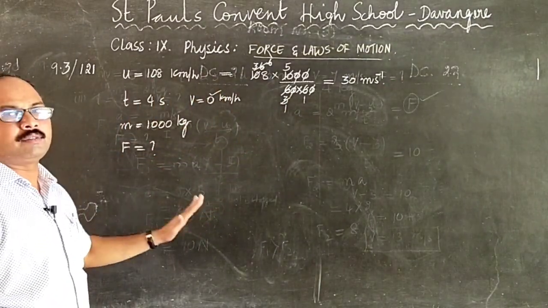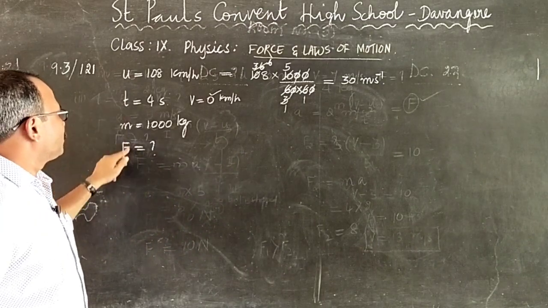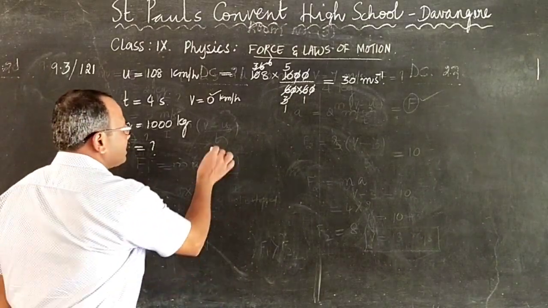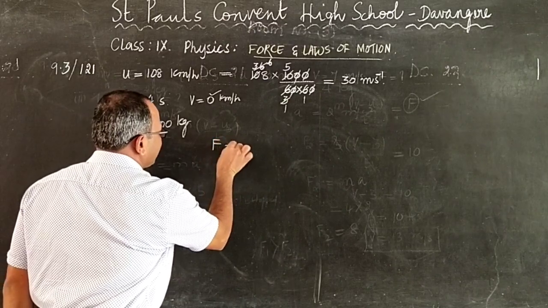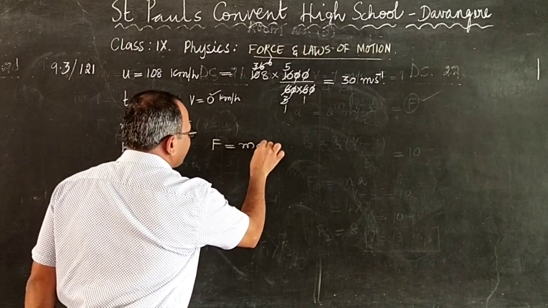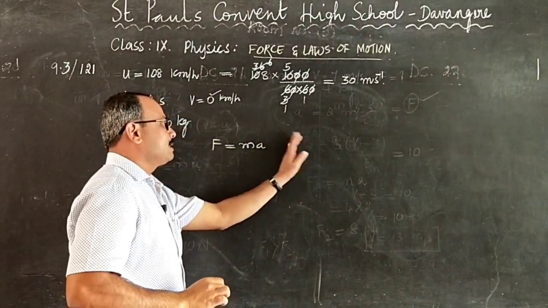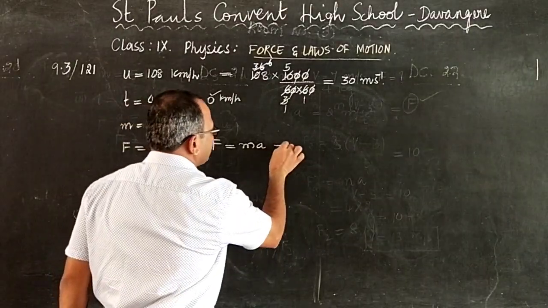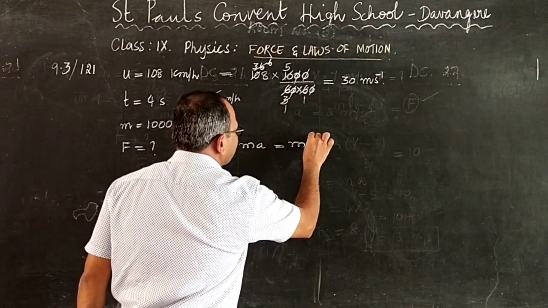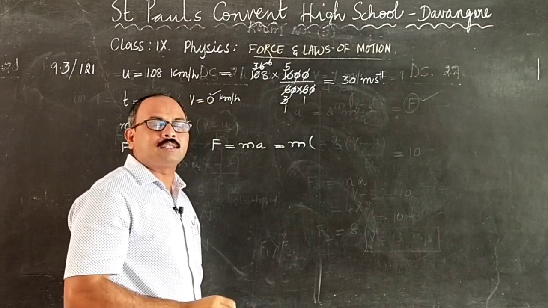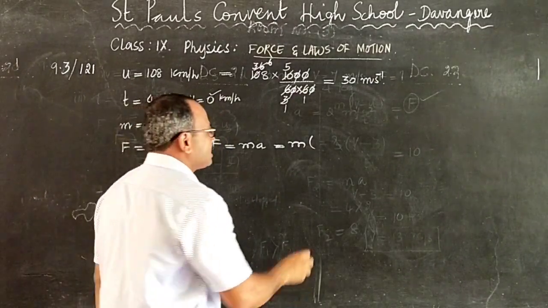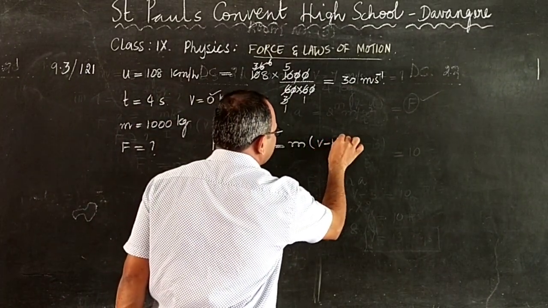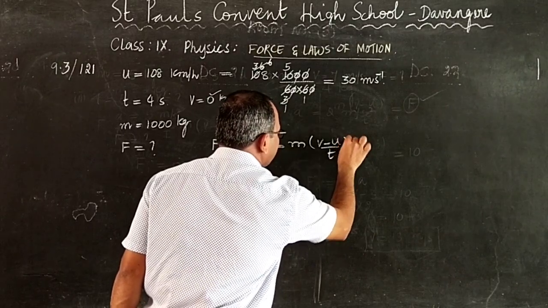Given, children, we need to calculate force. A very direct one, children. We will start with F is equal to M into A. I'll write it here. You continue below. F is equal to M as it is. We know that acceleration is the rate of change of velocity, v minus u by t.